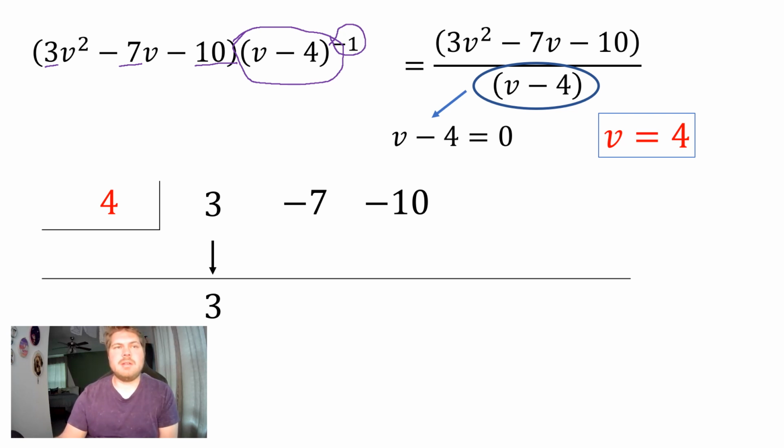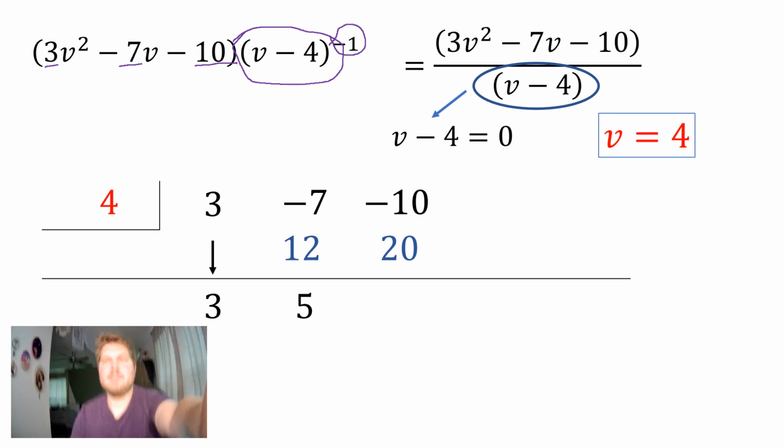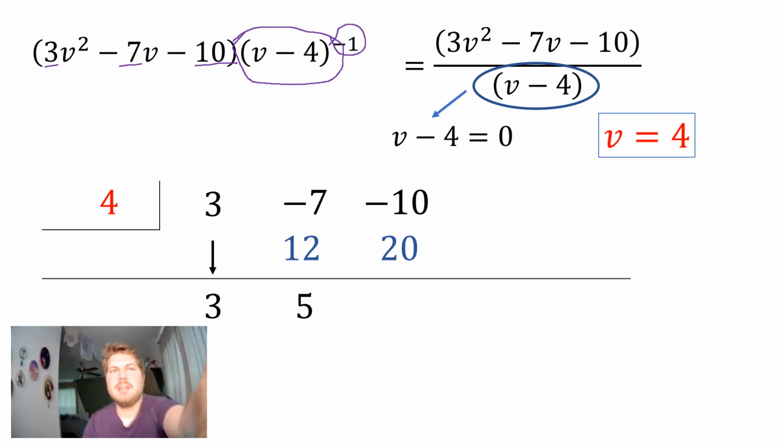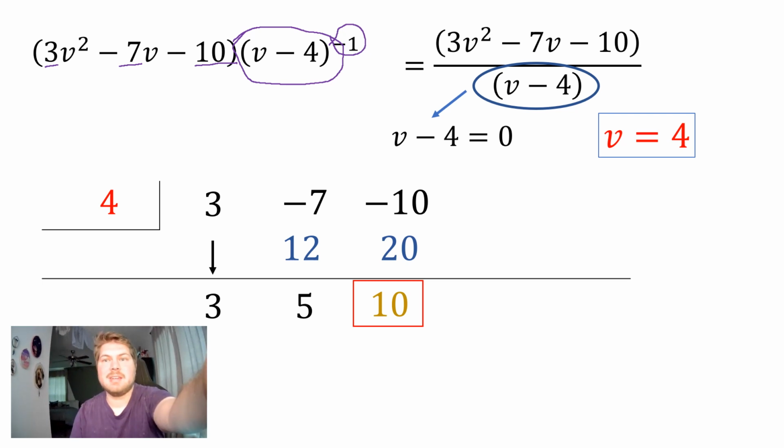So we're going to do 4 times 3, and we get 12. So now we're going to do -7 plus 12, and we get 5. And then we'll do 5 times 4, and we'll get 20. And then we'll do -10 plus 20, and we get 10.